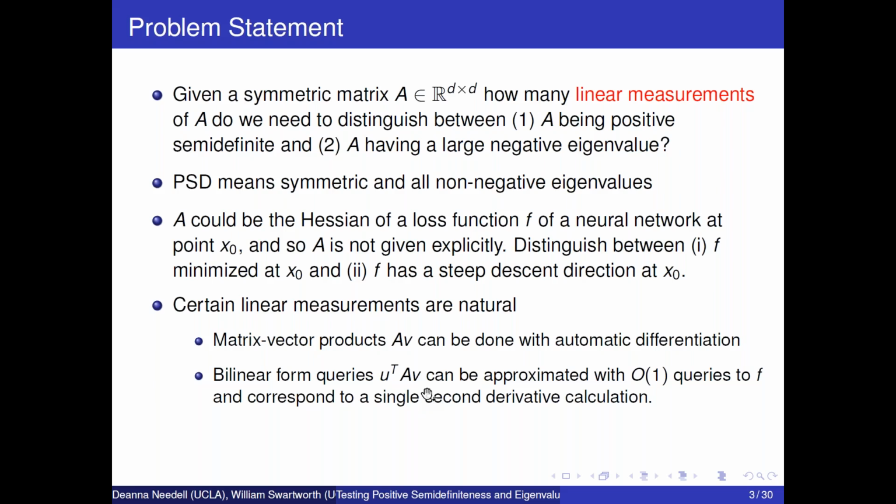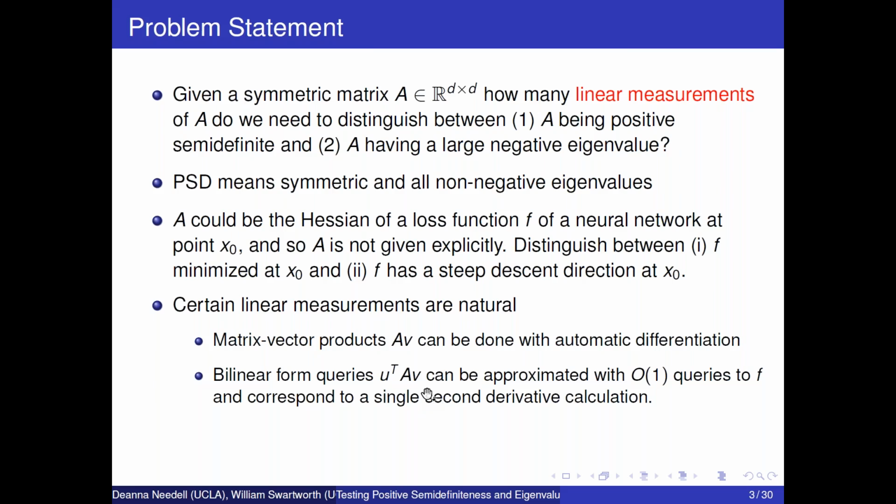In the context of neural networks, if A is the Hessian, then you can compute Hessian vector products using automatic differentiation, or if you're familiar with it, Pearlmutter's trick. So this is an efficient way to access A without having A explicitly.